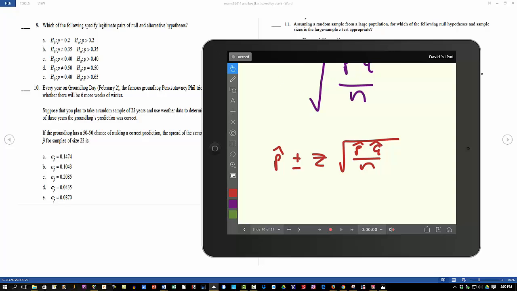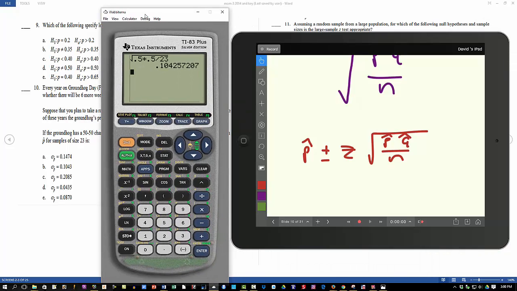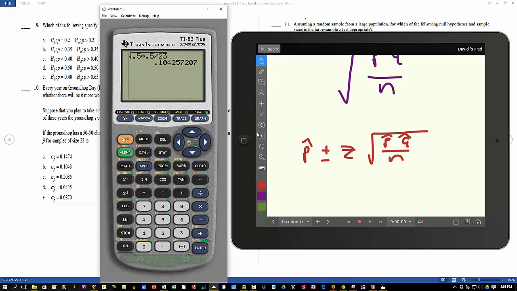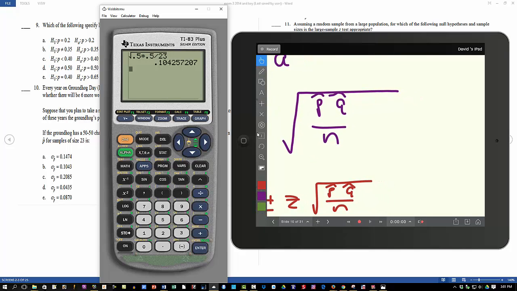And then to get the answer, we will just put 0.5 in for both p and q, and then 23 for n. And there we have it. The standard error equals the square root of 0.5 times 0.5 divided by 23.